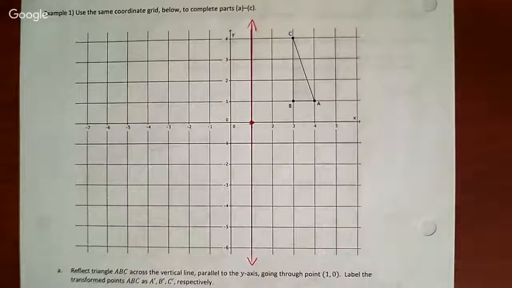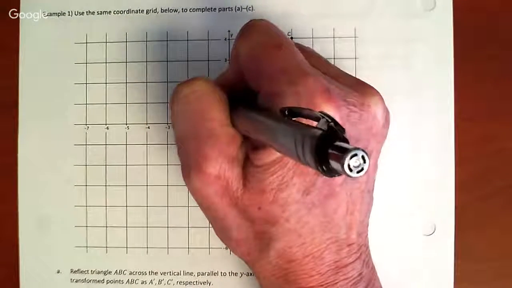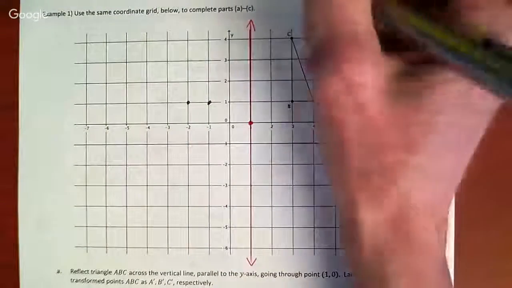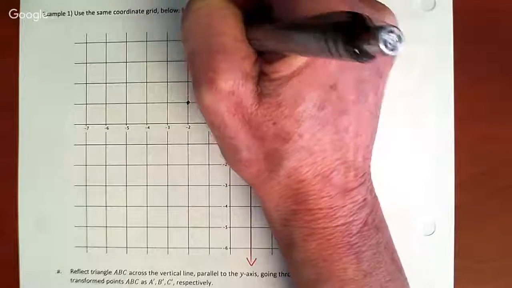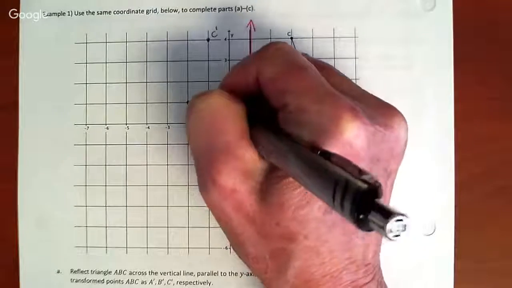And so our points are going to be here, here, and 2 here, 1, 2 here. So we have C prime, we have B prime, and A prime.